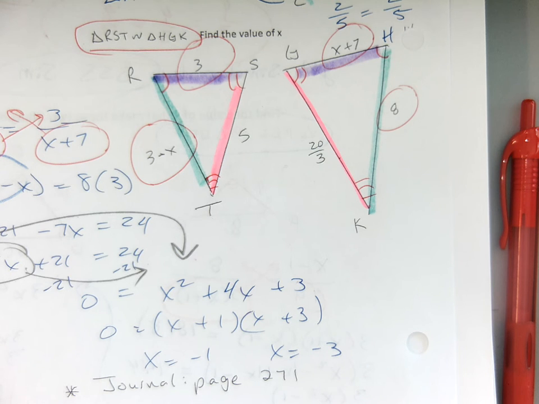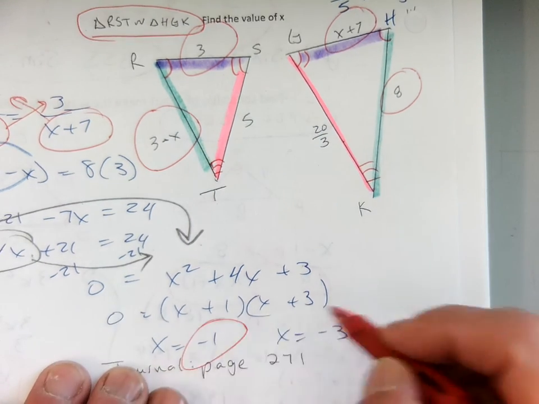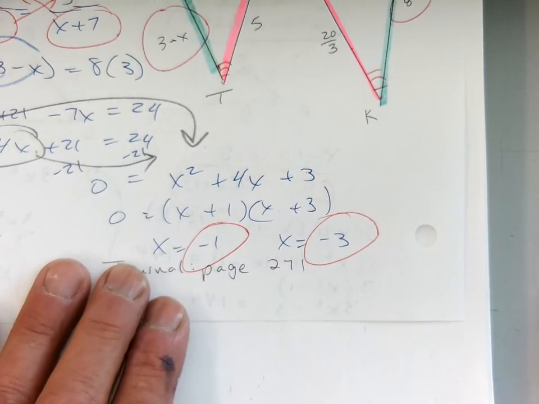Negative 3. 3 minus negative 3. 6. I'll go with that. And then I'll go negative 3 plus 1 is 4. So there's 2 possible triangles. Weird, isn't that crazy? That'll work. 2 possible different answers. That's a good extra credit problem, huh? So remember that. That might be on a test someday, somewhere. And there they are. Okay?